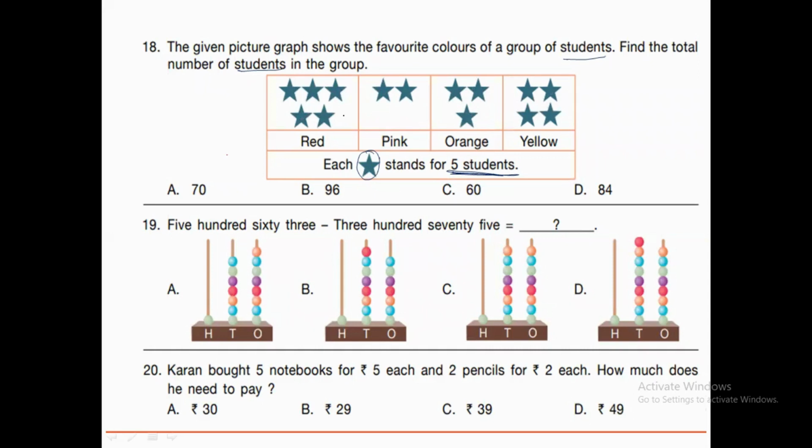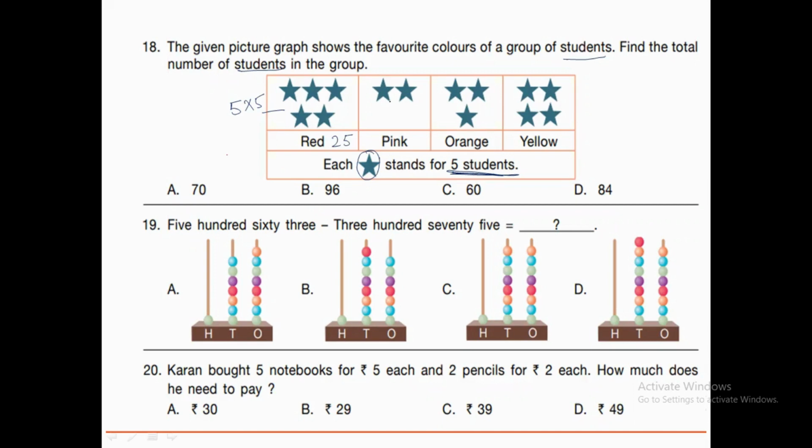So what we can see, one star represents 5 students. There are 5 stars for red, so 5 multiplied by 5 gives us 25. So 25 students like red color.